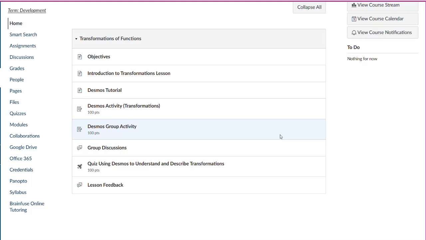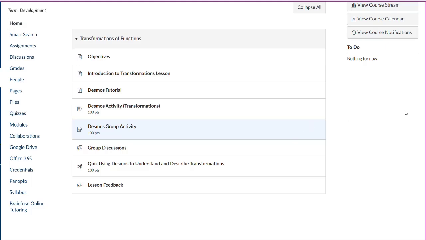So by integrating Desmos into lessons, we can foster an environment where students effectively communicate their understanding and collaborate with peers, engage in critical thinking, and unleash their creativity, all while working with an intuitive and interactive tool.